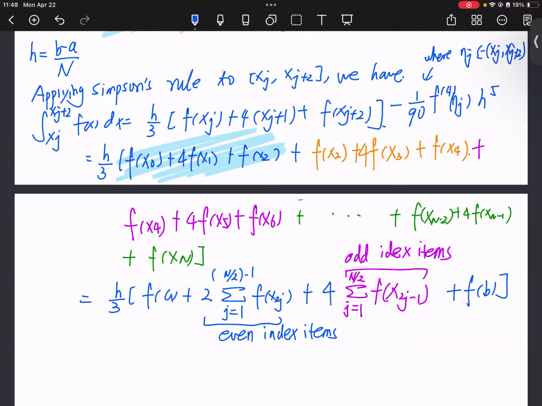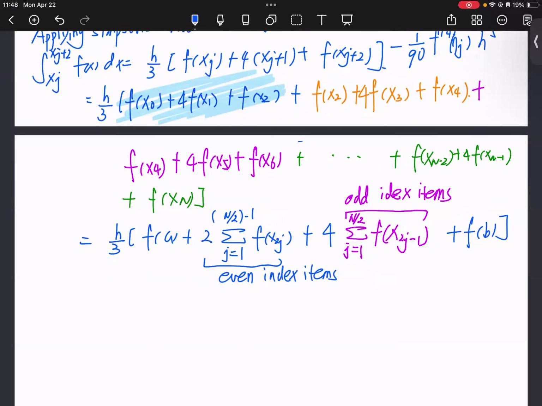The summation looks like this. We have the summation of 1 over 90, f fourth derivative at eta j, and then h to the power 5. And how many do we have?